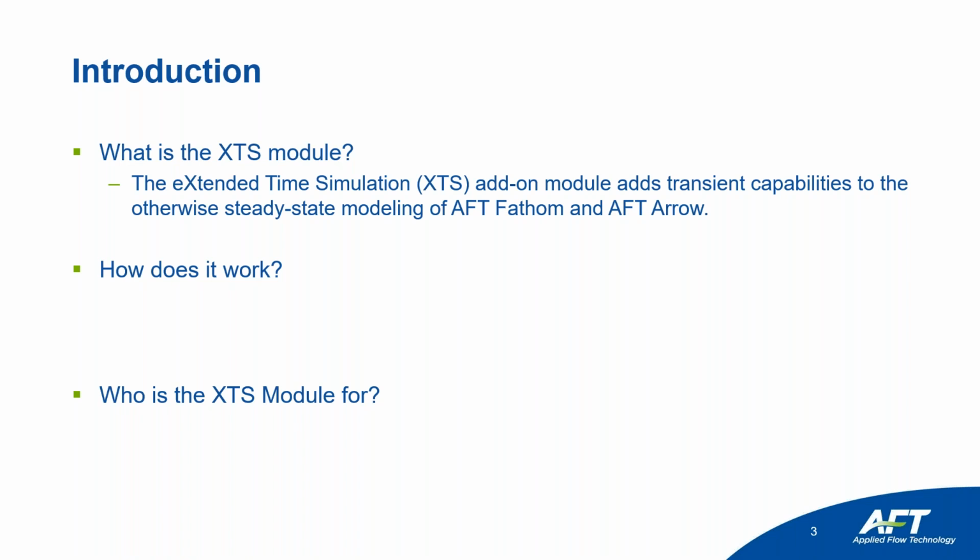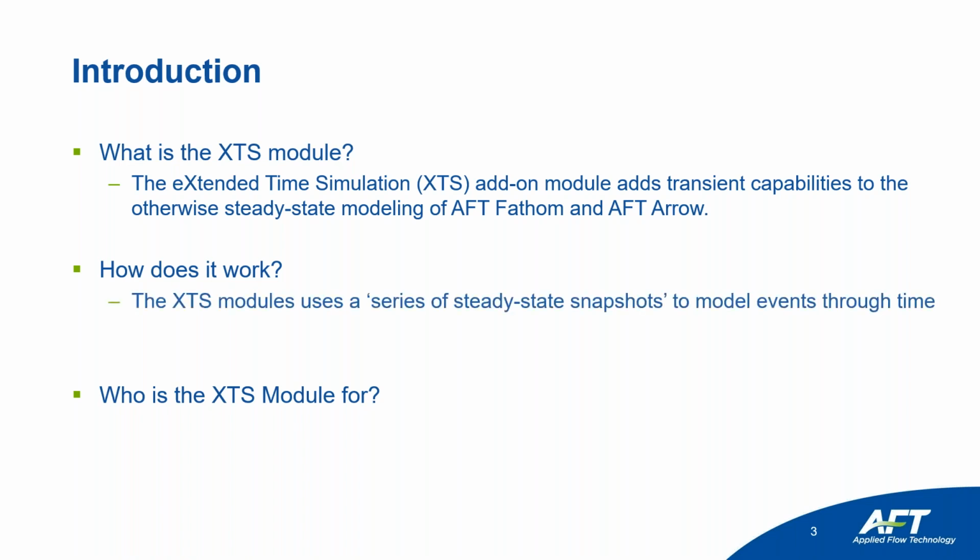When we go into our example, we'll take a look at how you might have your existing steady state system and all of your different scenarios for steady state analysis. We can then turn on the module, unlock these transient capabilities, and do a different type of analysis. Again, it's built on top of those base products and those base solvers.